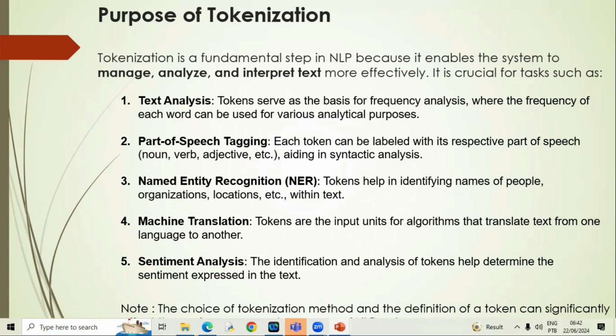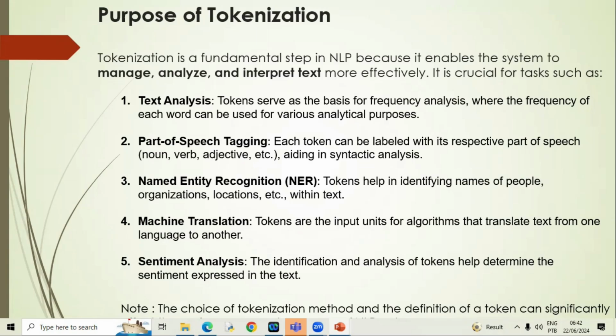Now, in tokenization, we have different methods like part-of-speech tagging. Each token can be labeled with a respective part of speech, like noun, verb, adjective, etc. That will be helpful for synthesizing and analyzing the whole sentence.